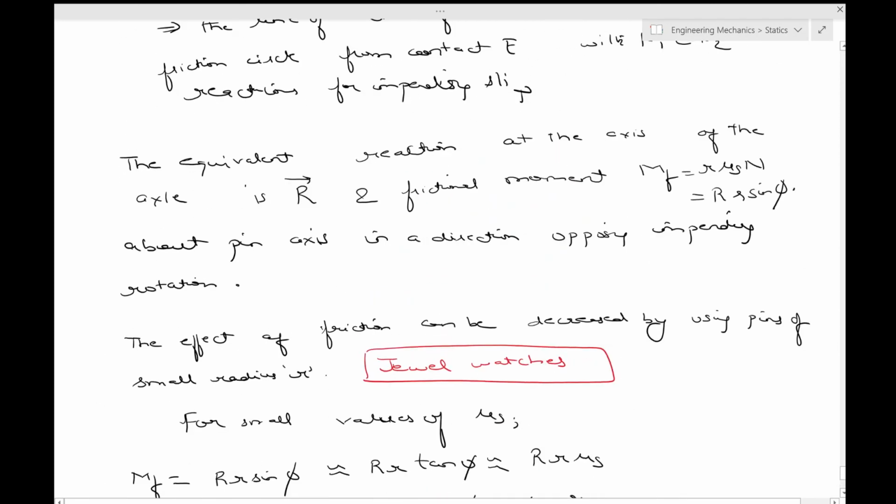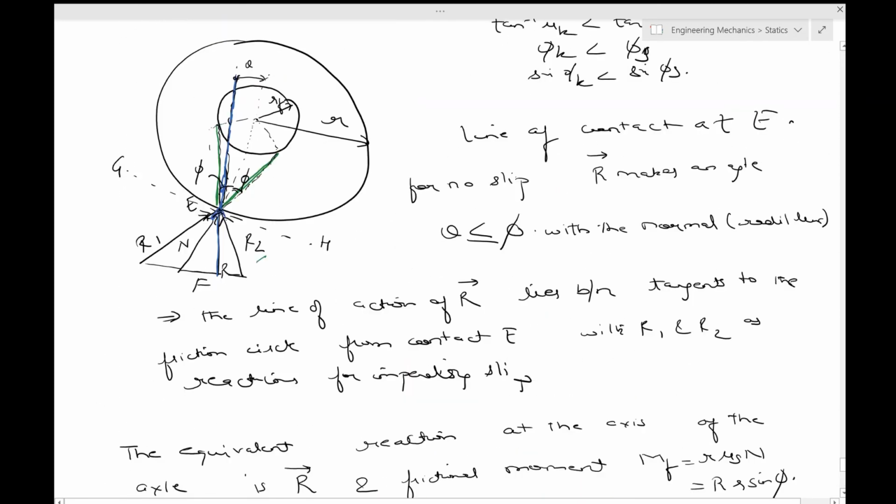Now in this case, if RF is equal to R, then the reaction R which would be acting has arbitrary direction below the tangent line GEH. If you see this tangent line GEH, it has these limiting directions HE and GE. Then the R will be below the tangent line GEH, just because RF in this case will be equal to R.